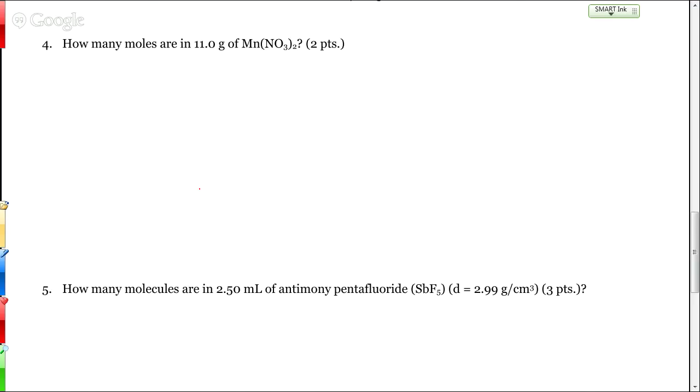So to find the molar mass, we're going to look up manganese. And the mass is 54.9. And then we've got 2 nitrogens, and those are each 14. And then 6 oxygens, and those are each 16. And so that mass comes out to, assuming somebody did it right, is it about 120?